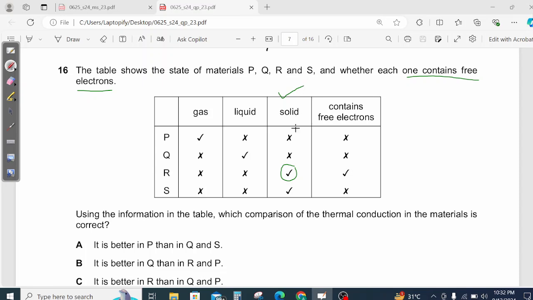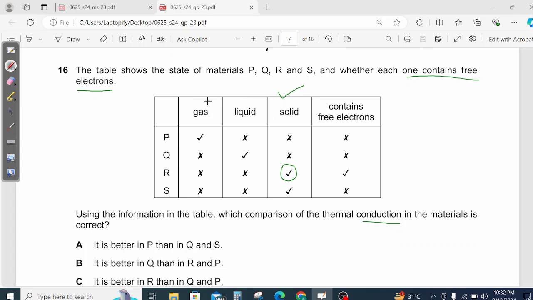That is why the thermal conductivity of a solid is more than that of liquids and gases. If you look at the word conduction, conduction only happens in solids. If you use the word convection, convection exists in liquids and gases.